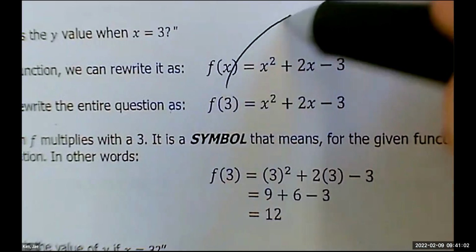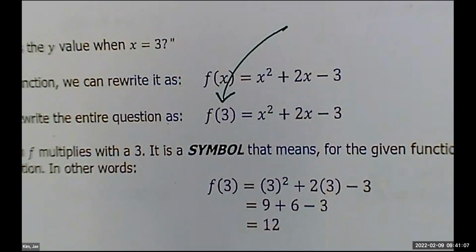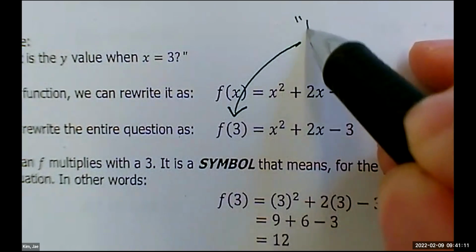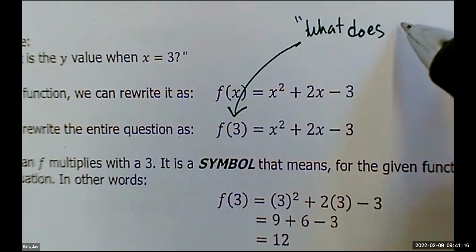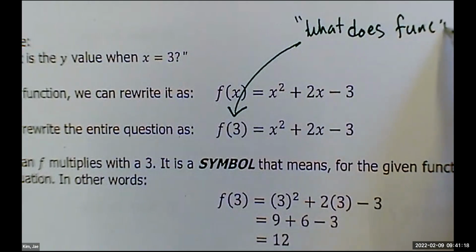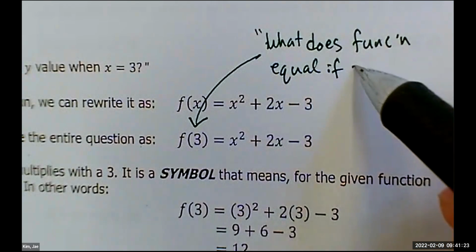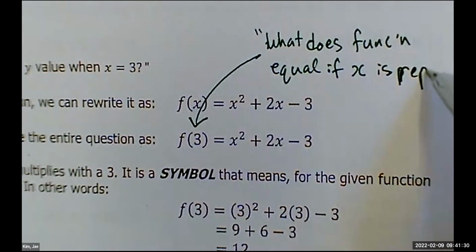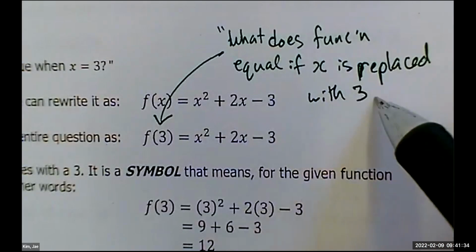This part right here represents not f multiplied by 3. That's not what it represents. It represents what the function equals if x is replaced, my writing is terrible, with a 3.